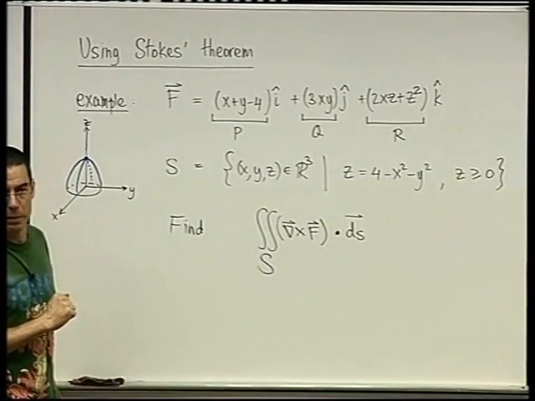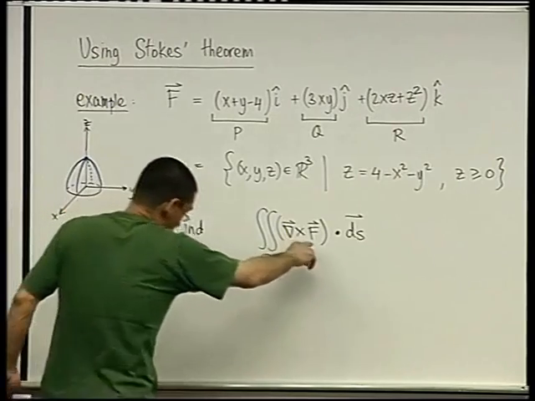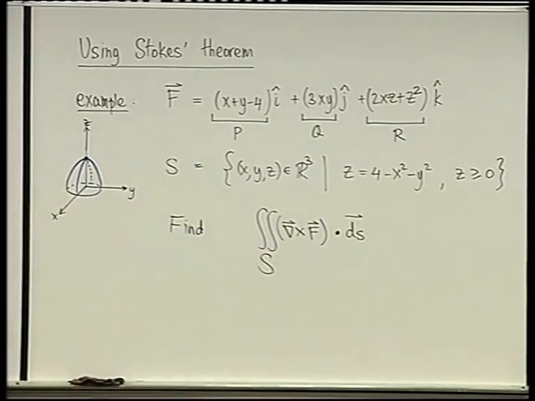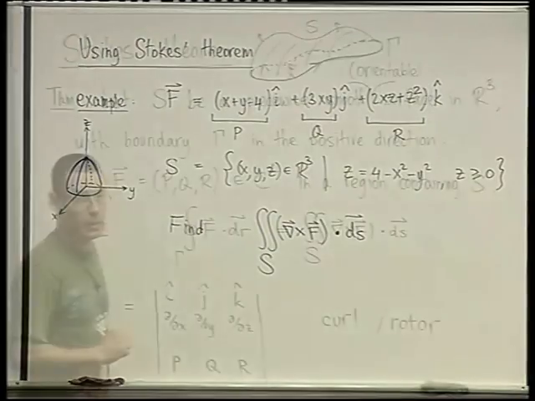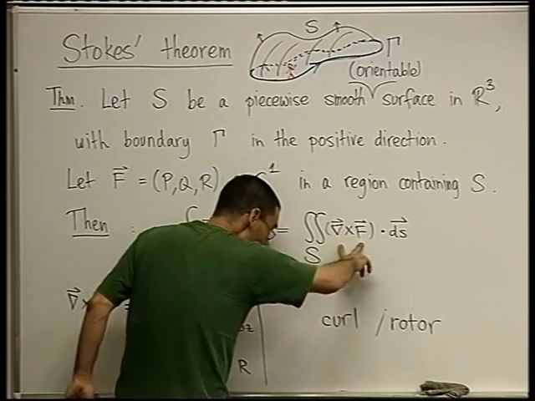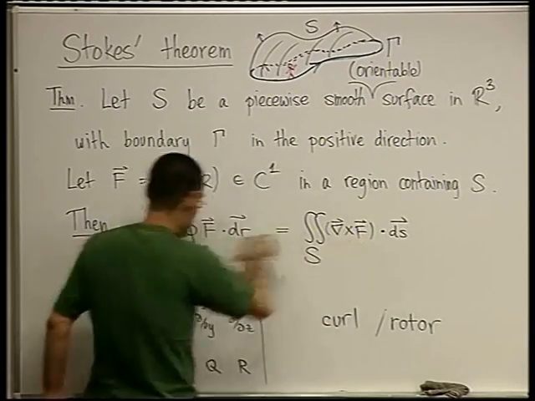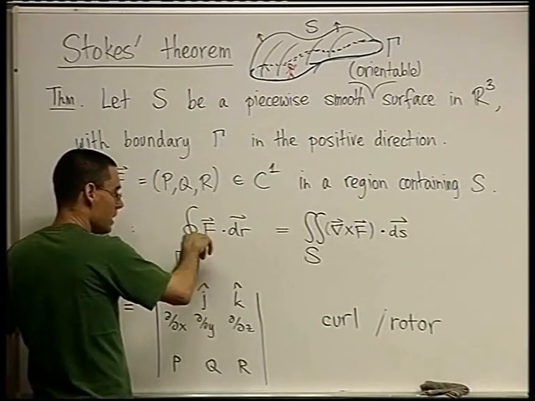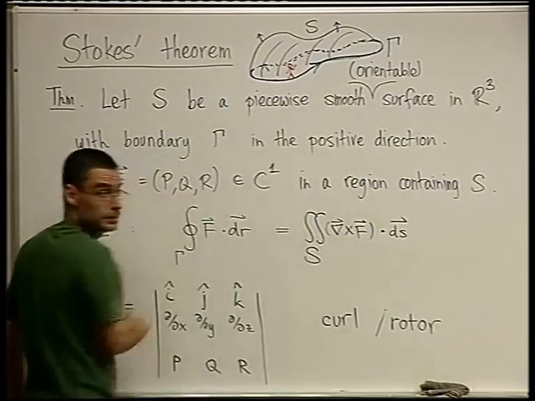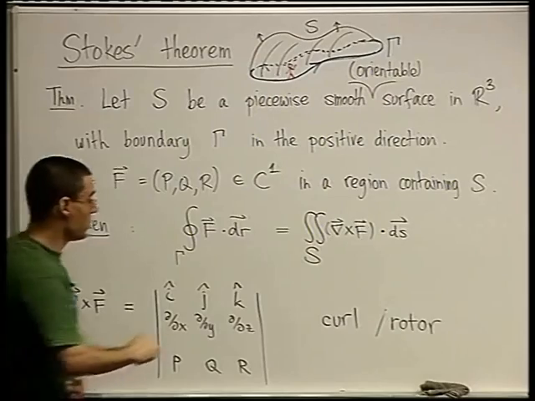And that, going one board back, is precisely what we have in Stokes' theorem. Stokes' theorem says the surface integral of the curl of a field is the same as the line integral of the field itself over the boundary. So this is what I'm going to use.